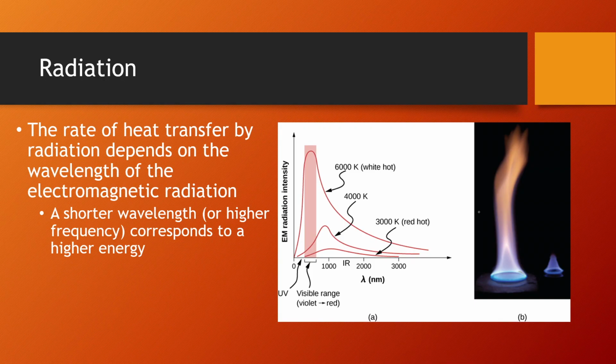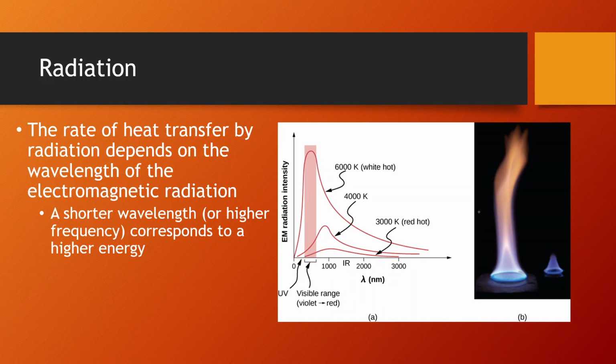And the last type is radiation, and the rate of heat transfer by radiation depends on the wavelength of electromagnetic radiation. If we have a shorter wavelength or a higher frequency, this corresponds to a higher energy. So short wavelength, high energy.